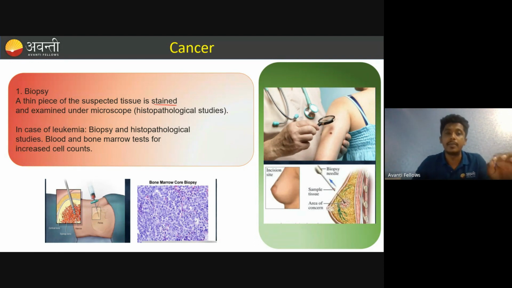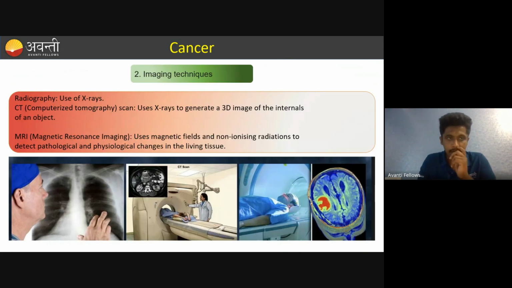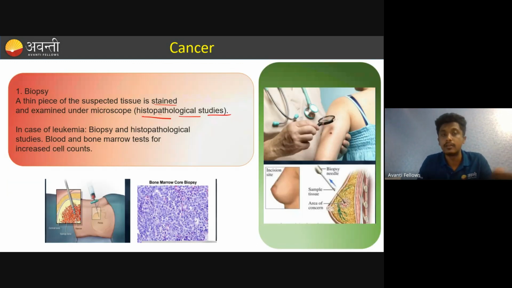All these things can be studied by histopathological studies, or histopathological assay. It shows the characteristics of the entire behavior of these cells, so we can detect which cell has cancer. Understood? That is called a biopsy. Biopsy is taking a piece of tissue from the cancer region, growing it in the lab, and conducting a histopathological assay, thereby studying the nature of these cells and declaring whether we have cancer or not.